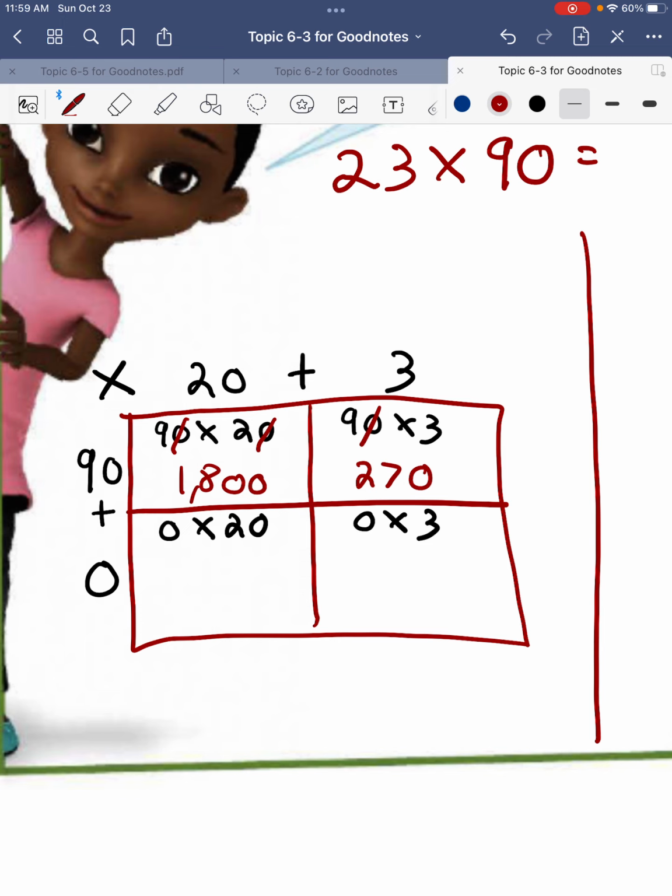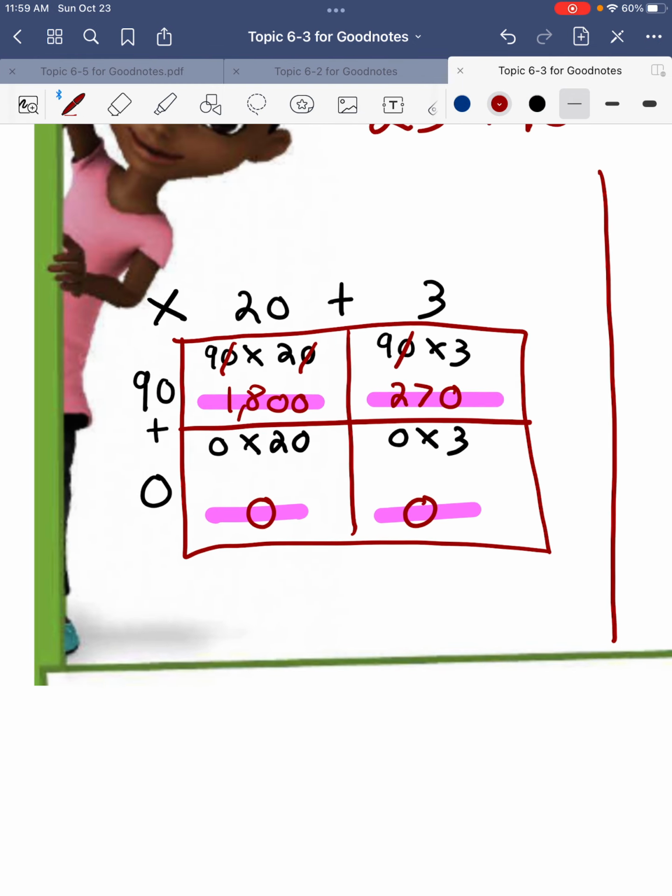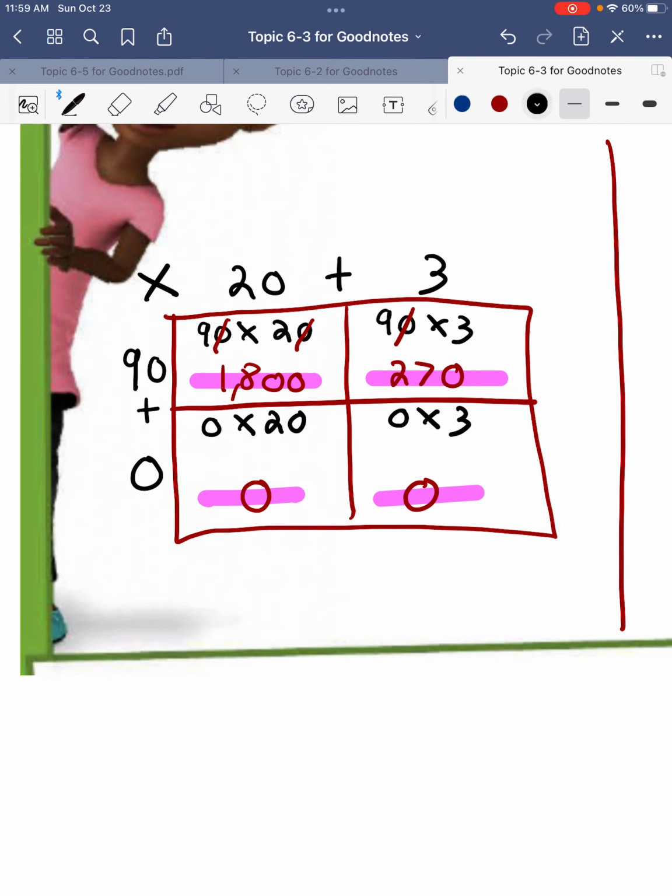Next one, 0 times 20. Anything by 0 is going to be 0. 0 times 3 is 0. Okay, again, these numbers that I'm highlighting, these numbers are called my partial products. Okay. And the last thing I need to do is add my partial products. I'm going to start with my biggest number.